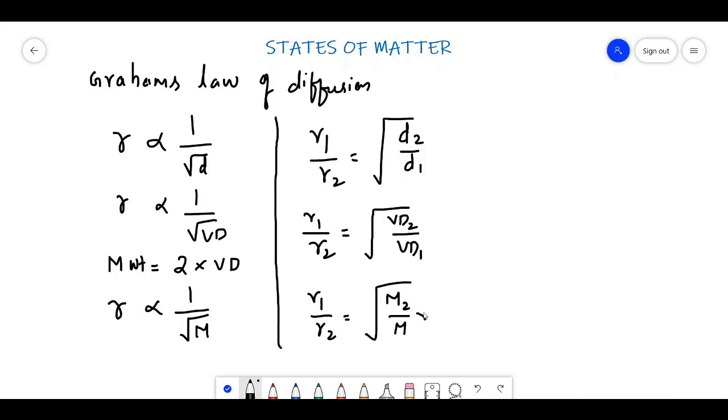Sometimes the temperature is also mentioned, then you can also take the formula with T1 by T2. If temperature is not given, you can take M2 by M1.